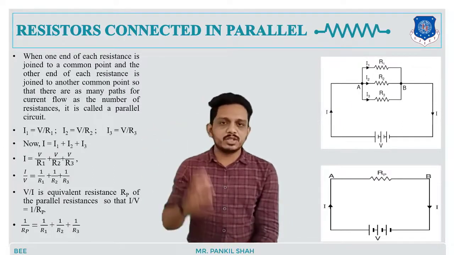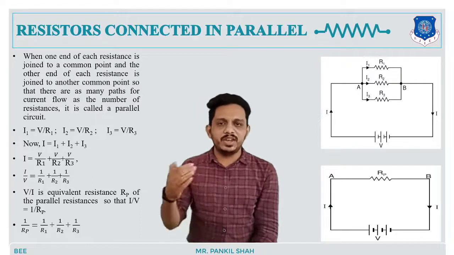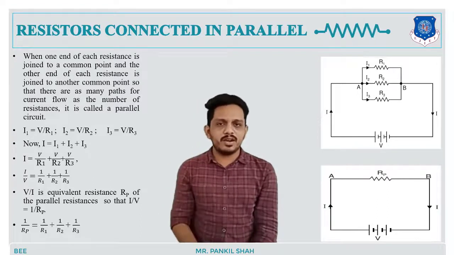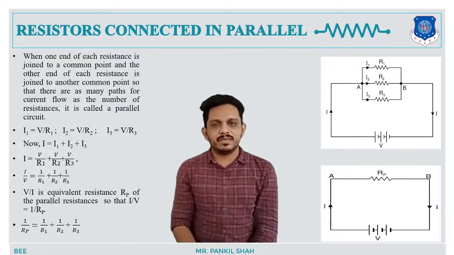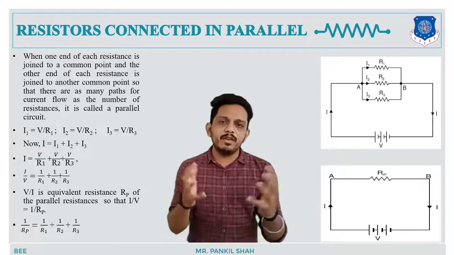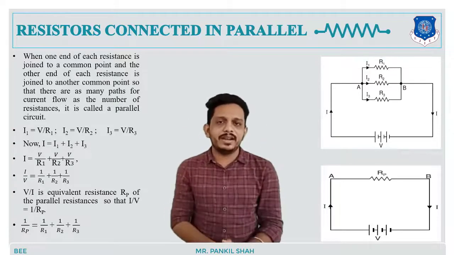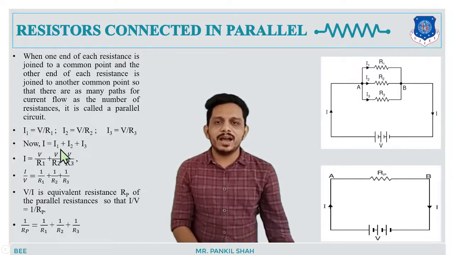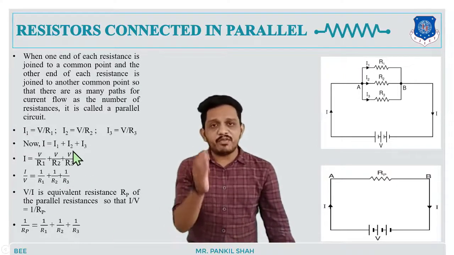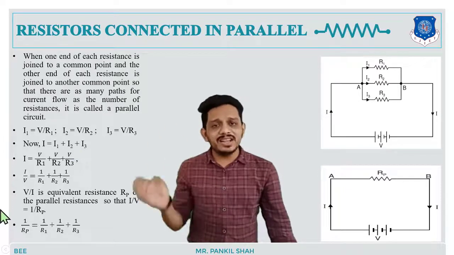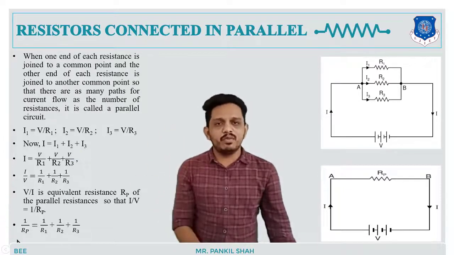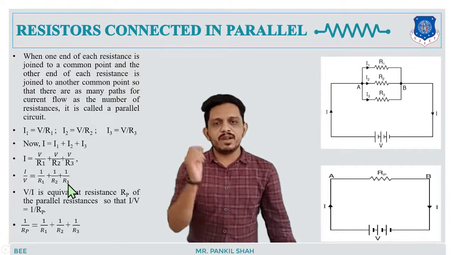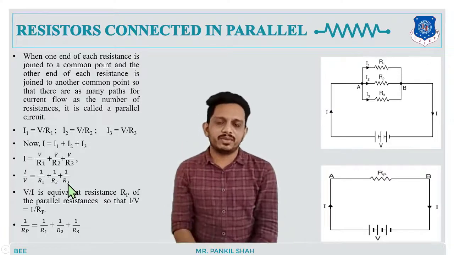We have just obtained the values of I1, I2 and I3 as V upon R1, V upon R2 and V upon R3. If we take V common from this equation, then in the bracket it will be 1 upon R1 plus 1 upon R2 plus 1 upon R3. And if we put V on the LHS, then I upon V is equal to 1 upon R1 plus 1 upon R2 plus 1 upon R3.